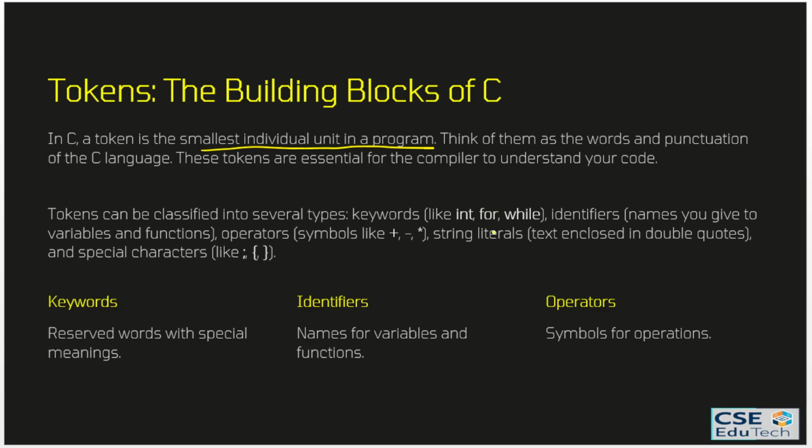Why are tokens used? Tokens are essential for the compiler to understand your code. Tokens can be of several types, like keyword, identifier, operator, string literals, special character, etc. These are the tokens.